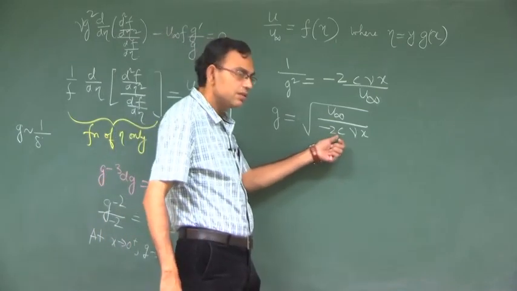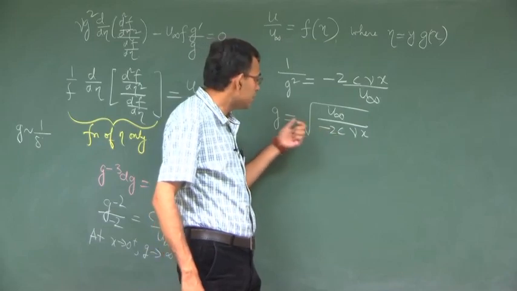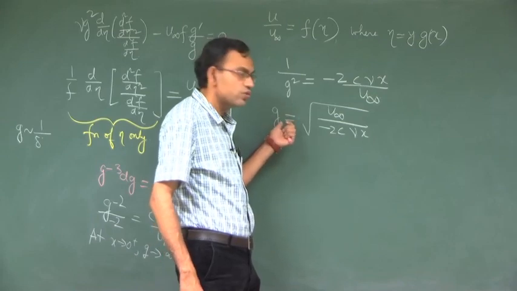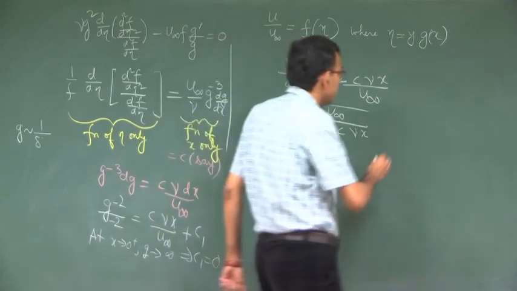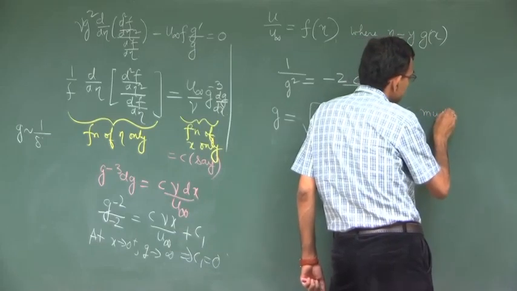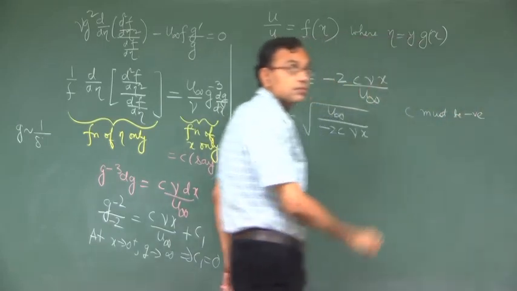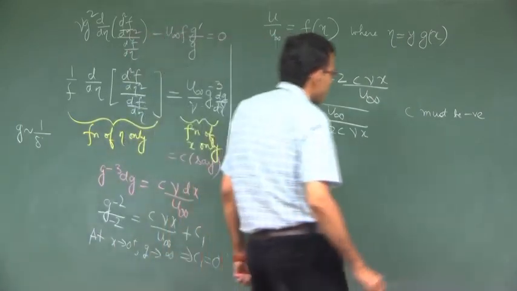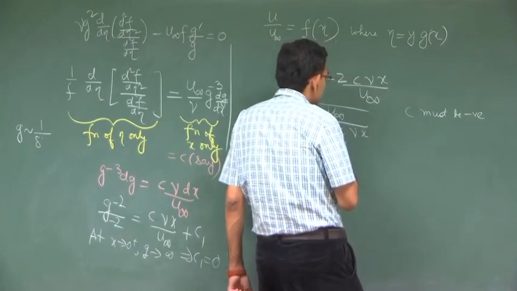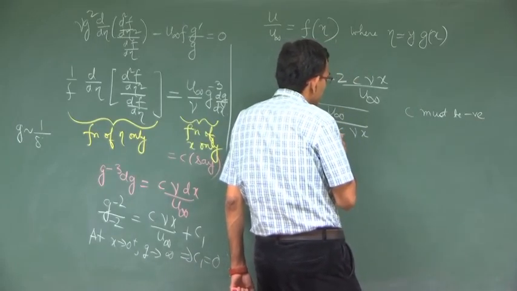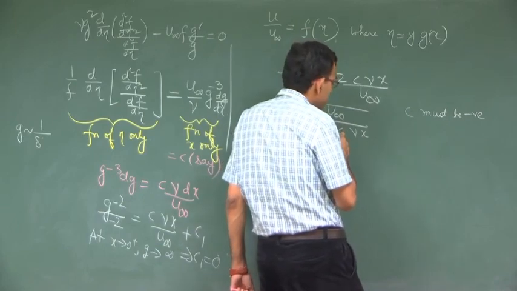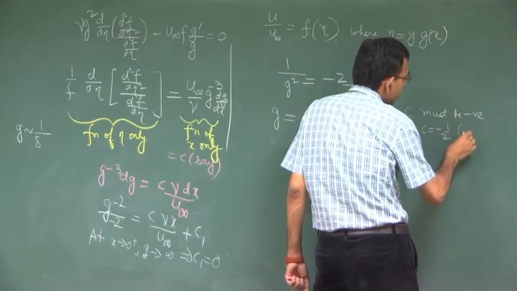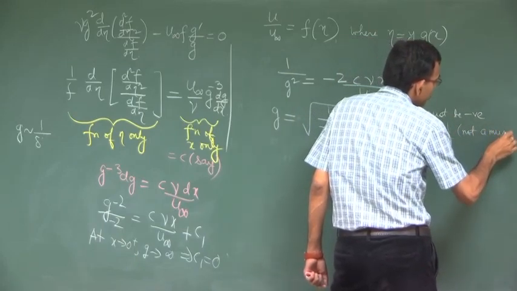C can be anything, but it has to be negative, because this g is physically scaling with 1 by delta, that means it has to be a positive term. So, c must be negative. So, if c is negative, we could choose c, a good number, maybe c is equal to minus half or minus 2, like that. So, let c is equal to minus half, this is not a must, but you can choose this.